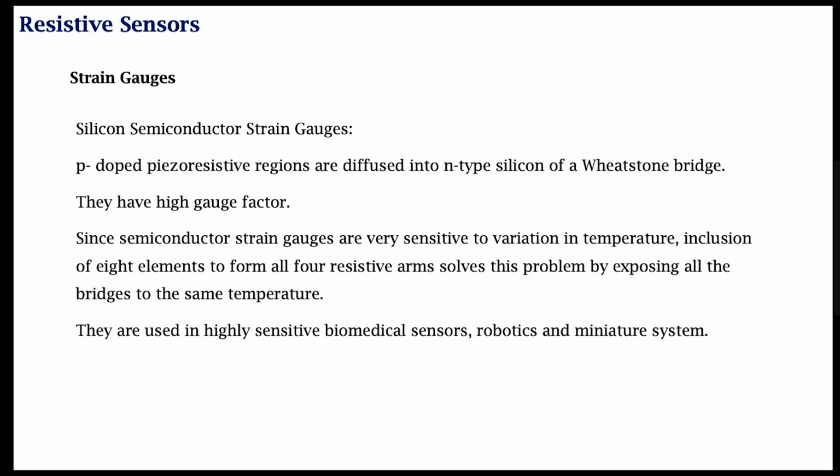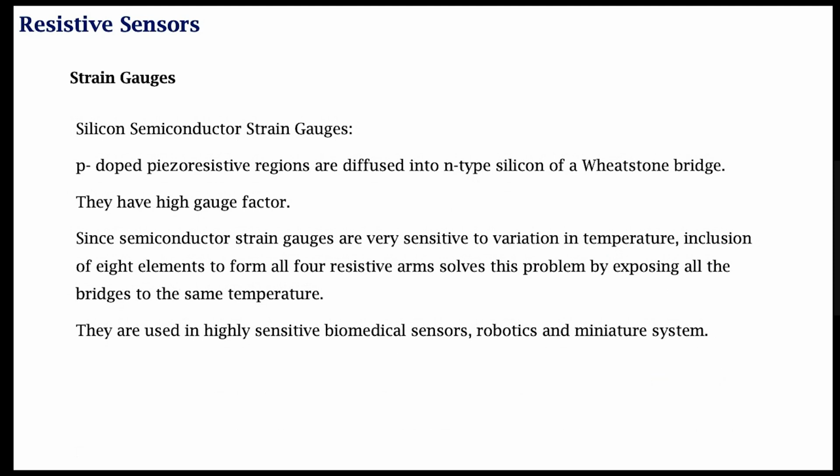They will work really well under thermal stability. So if you're looking for thermal stability, then you are looking for other devices. But if you have thermal stability in your area of application, then these types of systems will have a high gauge factor. They are extremely sensitive to variation in temperature.